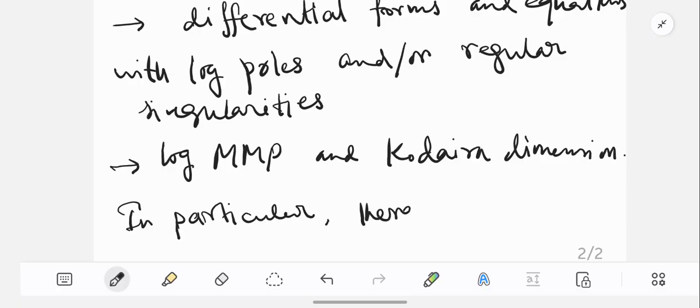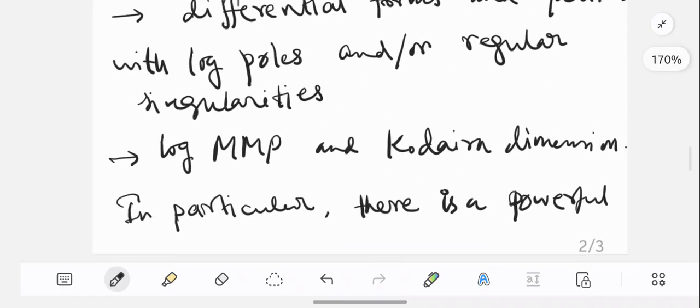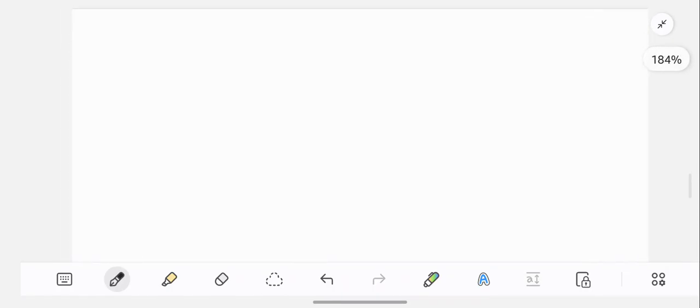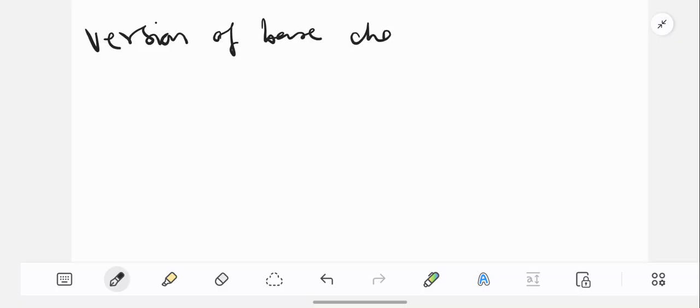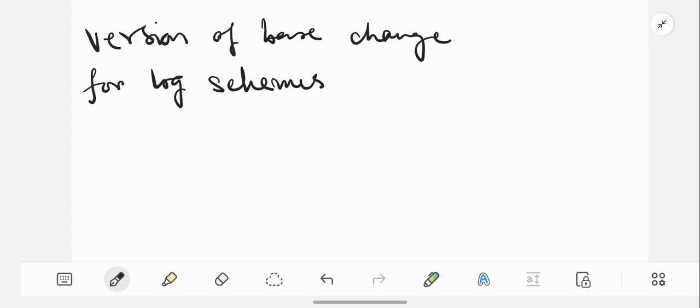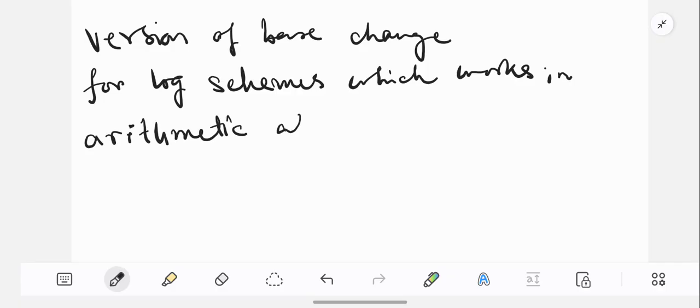In particular, there is a powerful version of base change for log schemes, which works in arithmetic geometry, which is indeed the area in which log geometry has seen its most spectacular applications.